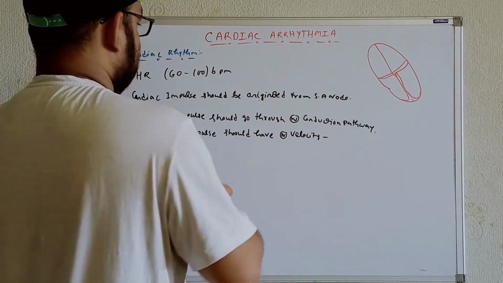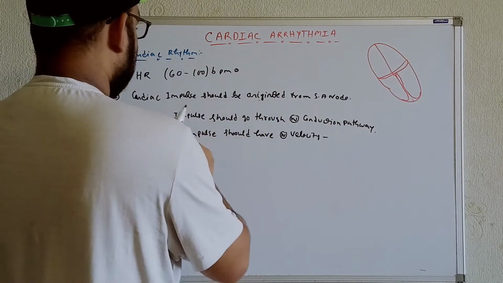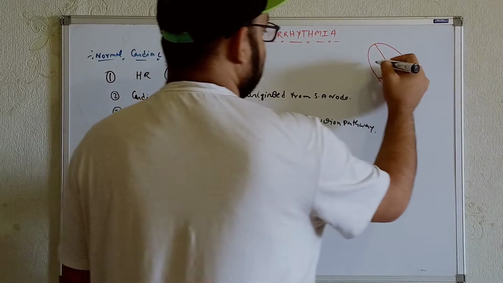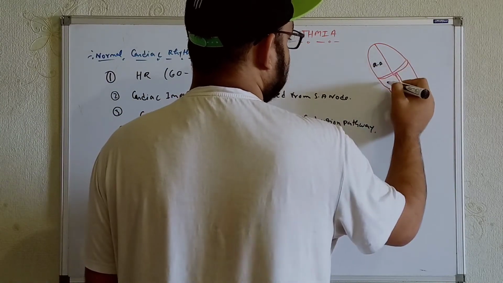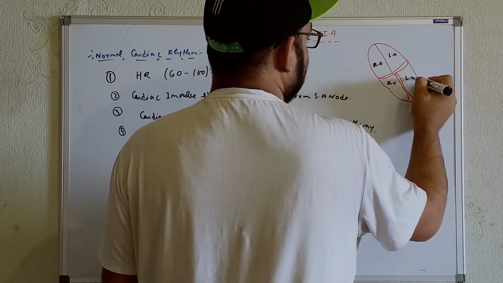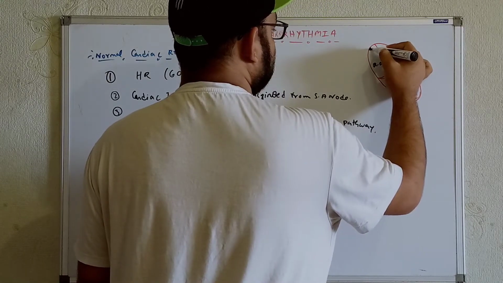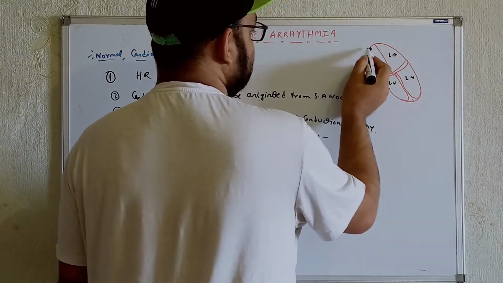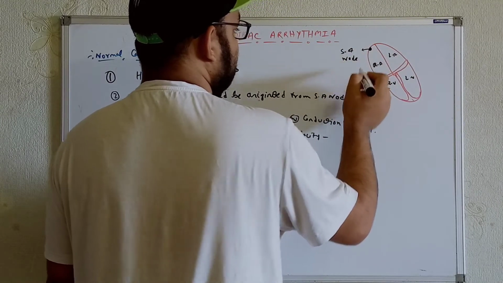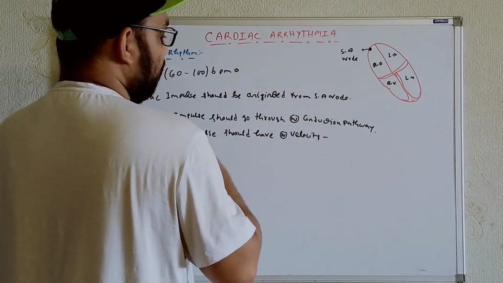I'll explain that a little bit later. The second thing, the cardiac impulse should originate from the SA node. If I assume this is the right atrium, this is the right ventricle, this is the left atrium, this is the left ventricle, then it should originate from the SA node. For example, I'm just taking the SA node over here. Then after that it should go through the normal conduction pathway.